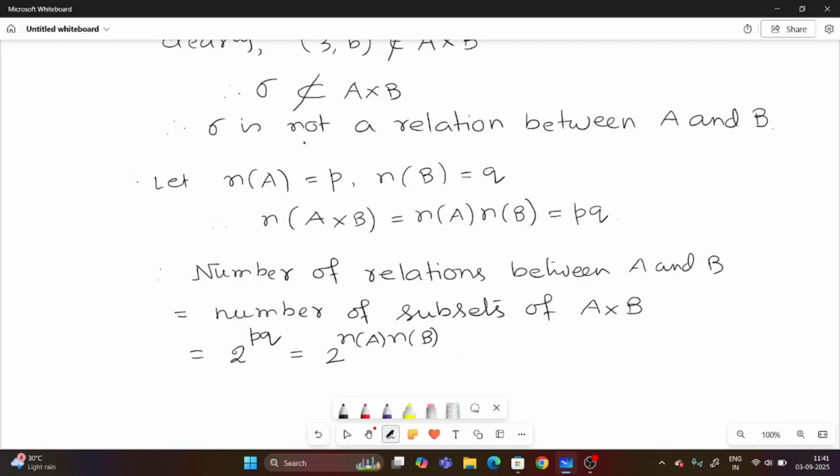This is the basic formula to find the number of relations of two non-empty sets.